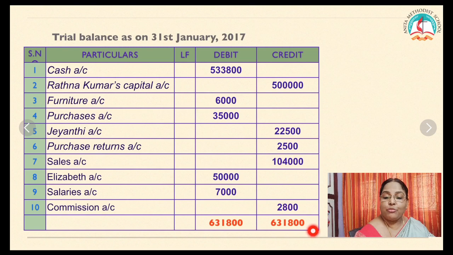The total should be the same on both sides. If it agrees, can we say that the trial balance has been prepared correctly? Yes, arithmetically it is correct. But sometimes there will be errors in the trial balance. Are you able to understand how to frame your trial balance and find out its arithmetical accuracy? Do you have any doubts in this?